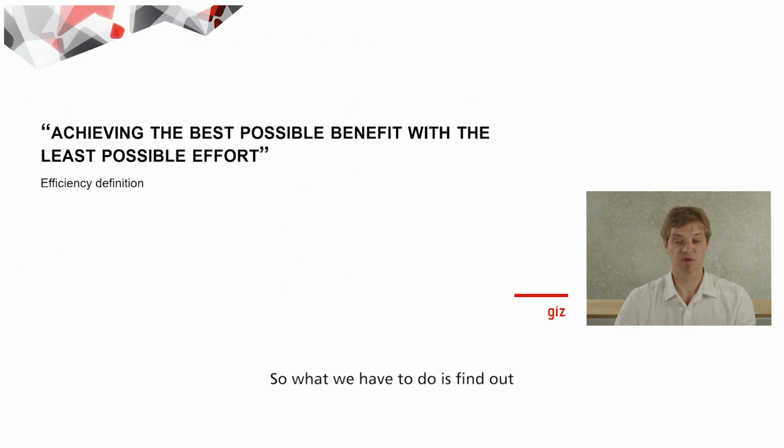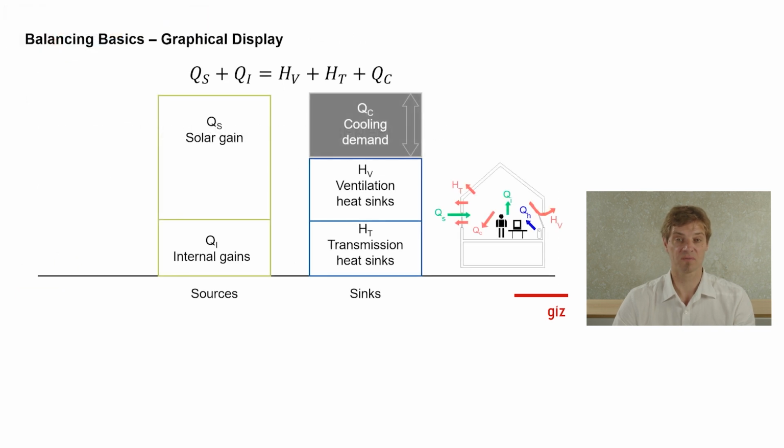So what we have to do is finding out what is the best possible benefit that we will get out of it, and then we try to put in as little as possible to achieve that. In our area, it's the best possible benefit, the least energy that we are using for the use phase of that building, and we try to do that with the best efforts that we have.